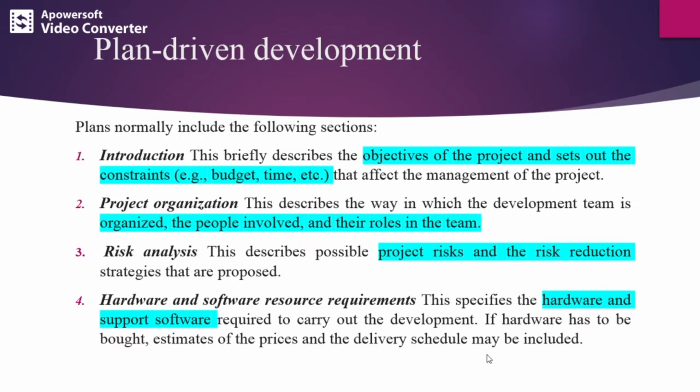Now suppose for your project you want some hardware components and you're purchasing them online. You have to produce all those bills, which will be included in your development cost. So that is the fourth one, hardware and software resource requirements.